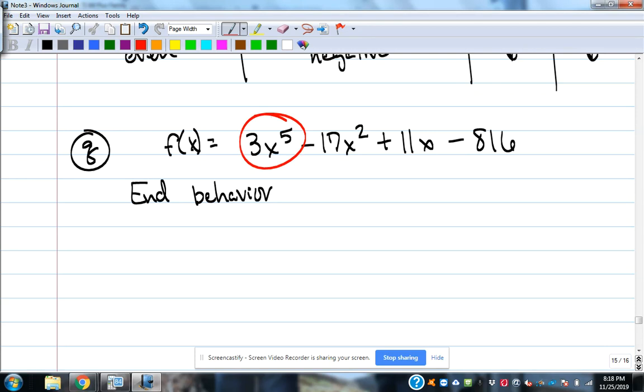Nothing else. What's the degree of this? 5, which is what kind of number? Odd. So I know the ends are going in opposite directions. What's the leading coefficient? Positive 3. So the end behavior is left side is going down, right side is going up. The 816 doesn't matter. Nothing else matters. Just the first term.